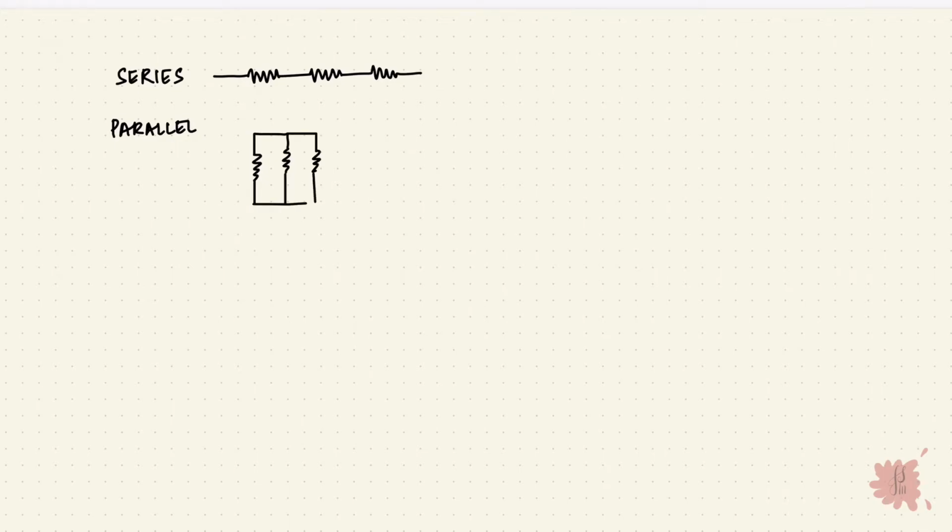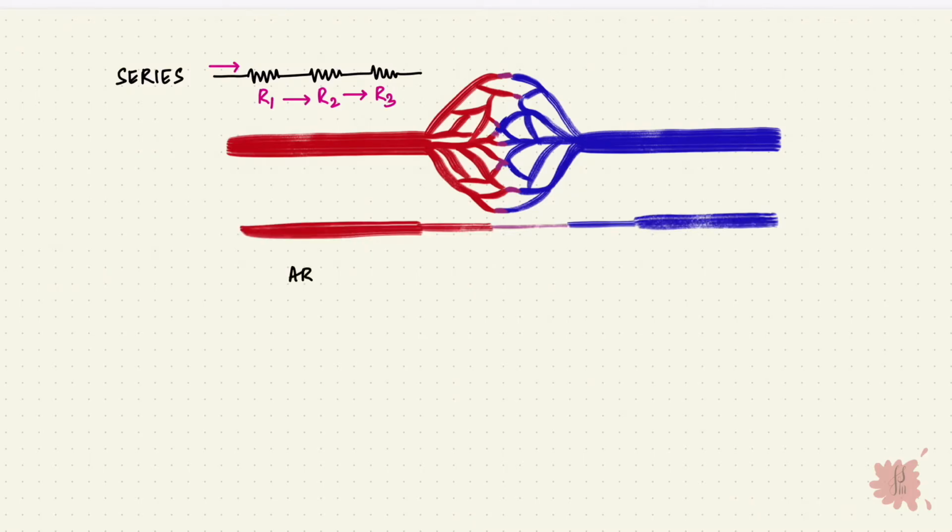The resistance through vessels is like resistance in a circuit, so vessels can be arranged in series or in parallel. A series arrangement would mean that all the blood flows through each of the vessel systems in the circuit, one after the other. To understand this, consider all the arteries as one unit, all the arterioles as one, and so on.